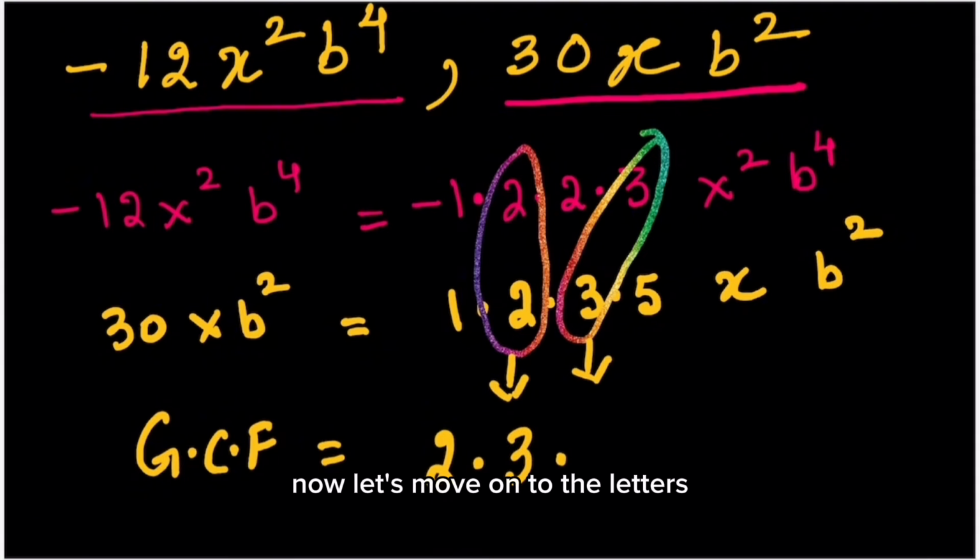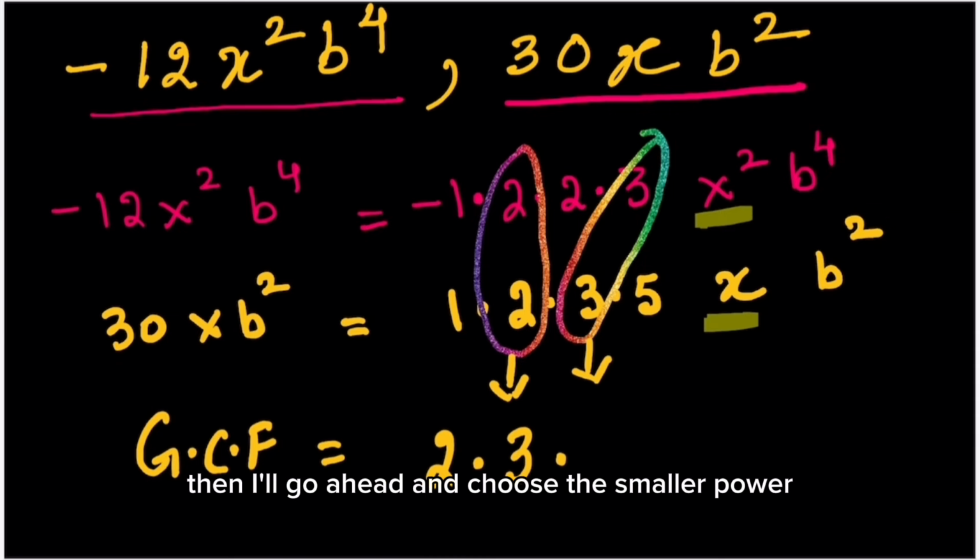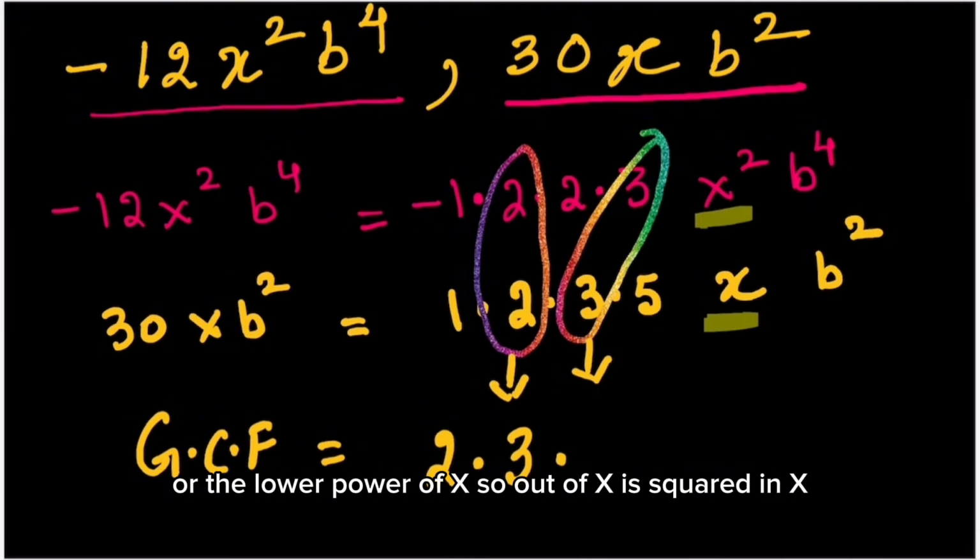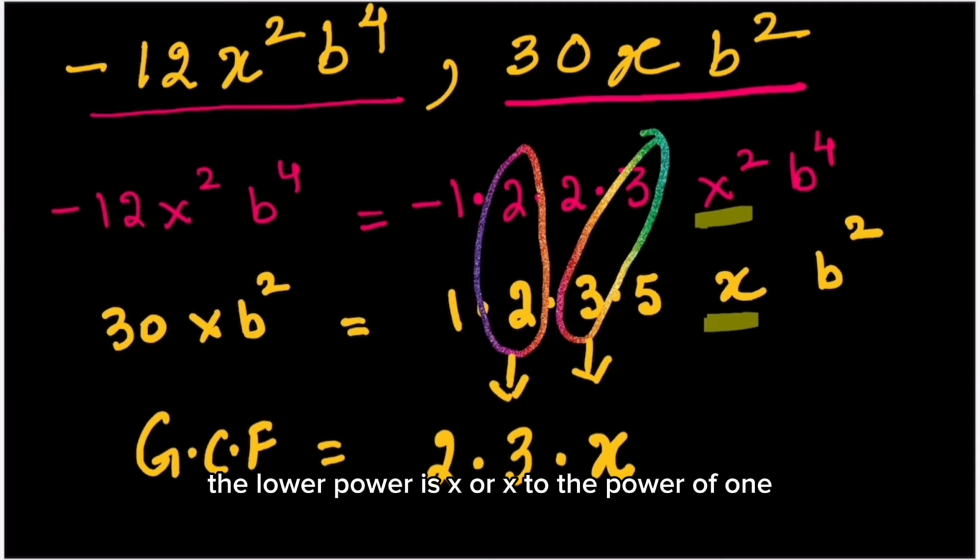Now let's move on to the letters. First, make sure that the letters are common. So I have to check, do I have x in both of the terms? Yes, I do. Then I'll go ahead and choose the lower power of x. So out of x squared and x, the lower power is x, or x to the power of 1. I'll do the same thing with b.